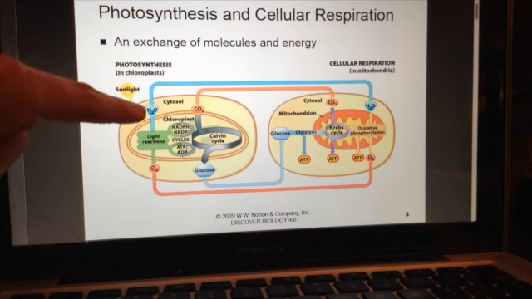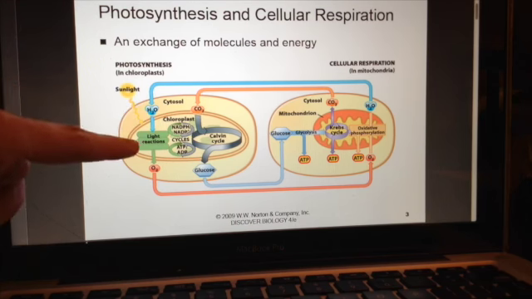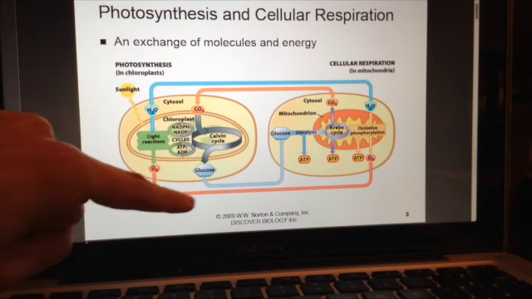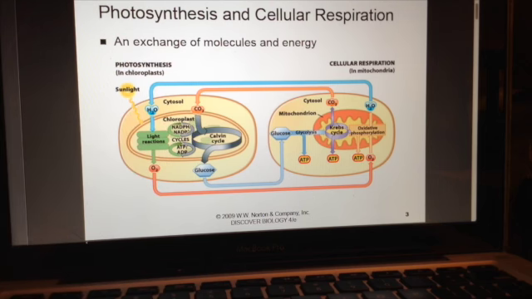So sunlight and water go into photosystem 2 of photosynthesis, oxygen leaves, along with the electrons in the electron transport chain, and a proton gradient is created. Then in photosystem 1, the electron is re-energized. The protons go through ATP synthase, they diffuse across the membrane, so ATP is produced, and the electrons, through the electron transport chain, produce NADPH.